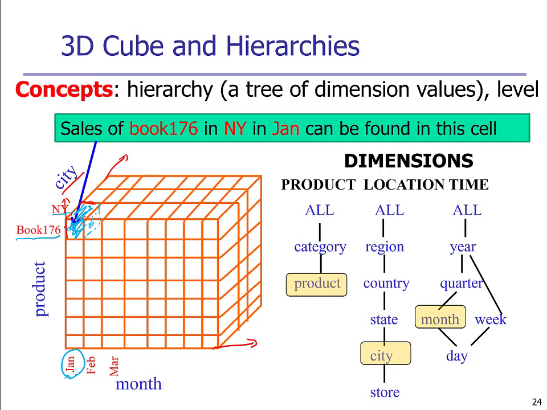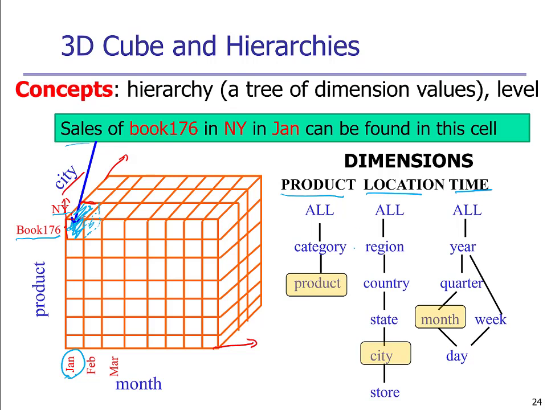You can do the similar thing for each and every cell in this cube. They have their own representations of this measure. So it's all about measures and dimensions. Now let's look at the hierarchies. We have 3 dimensions here: product, location, and time. Each dimension has its own hierarchy. It's kind of like a tree of dimension values.